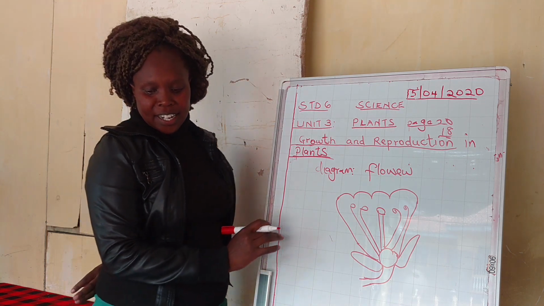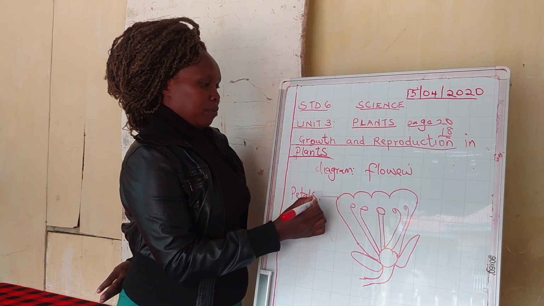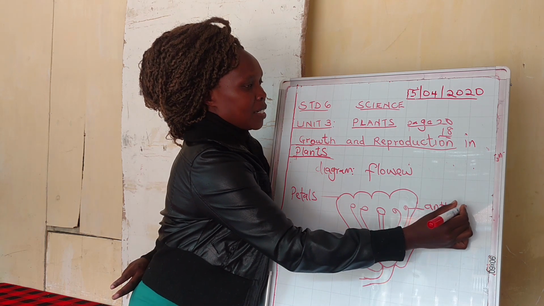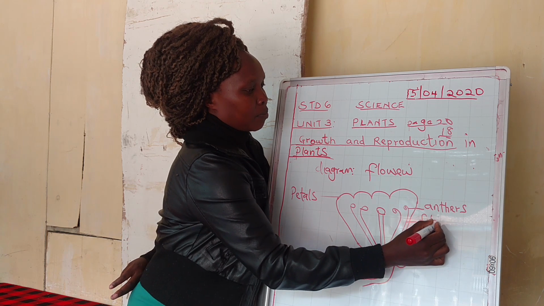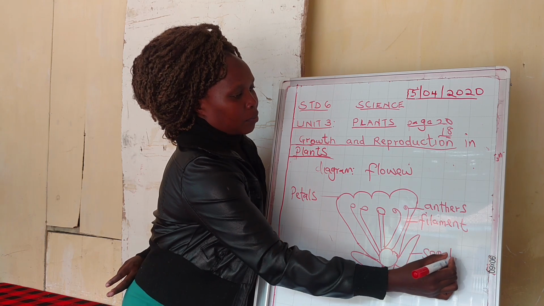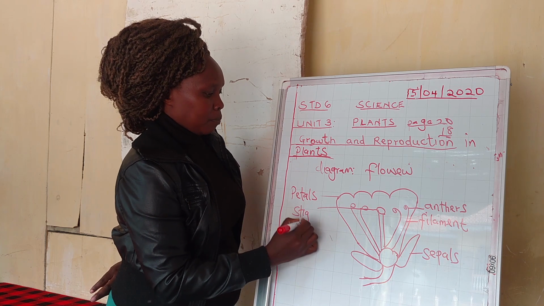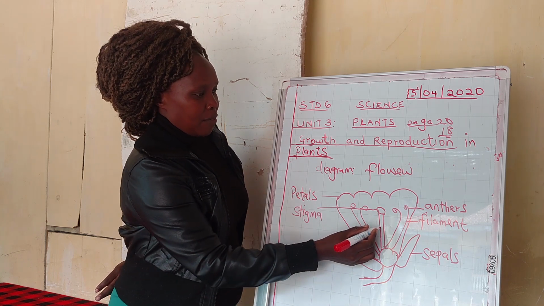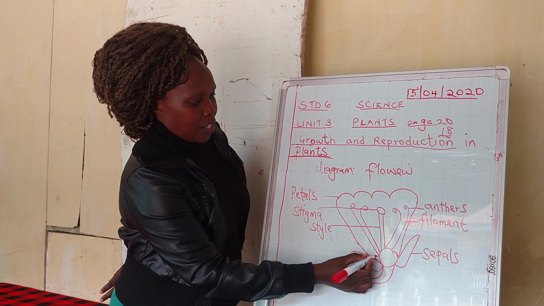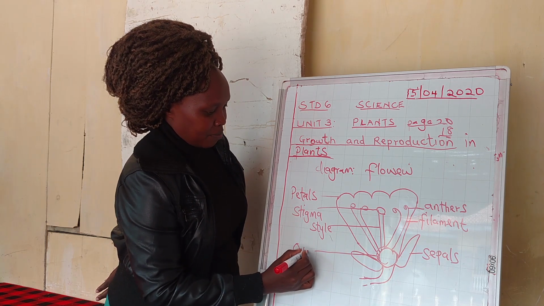So let's name the parts of the flower we have here. These are the petals. These are the anthers. We have the filament, we have the sepals, we have the stigma, this is the style, we have the ovary, that is round like this, that is our ovary.